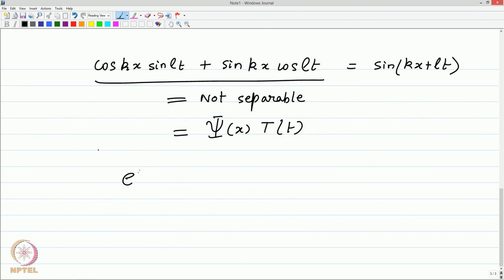Another example is if you do e to the i omega t plus kx, but suppose we have this function with a square on it, then this is a problem too.